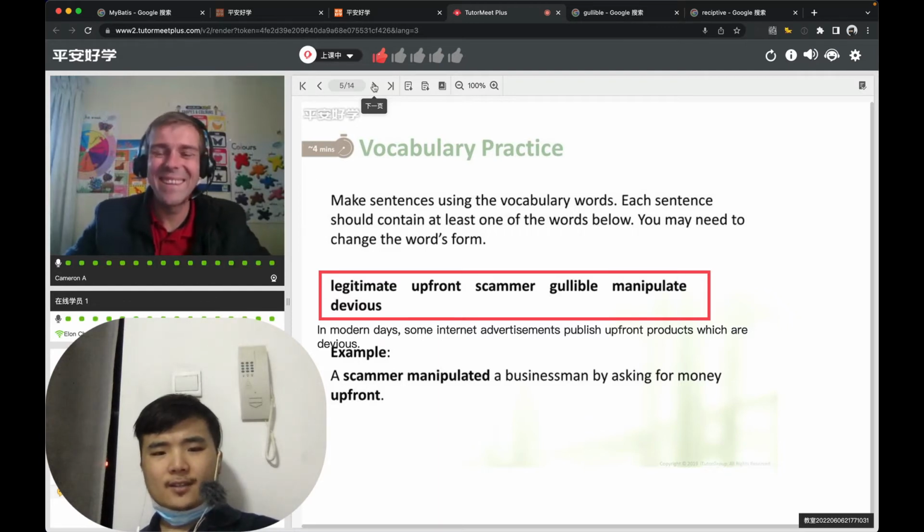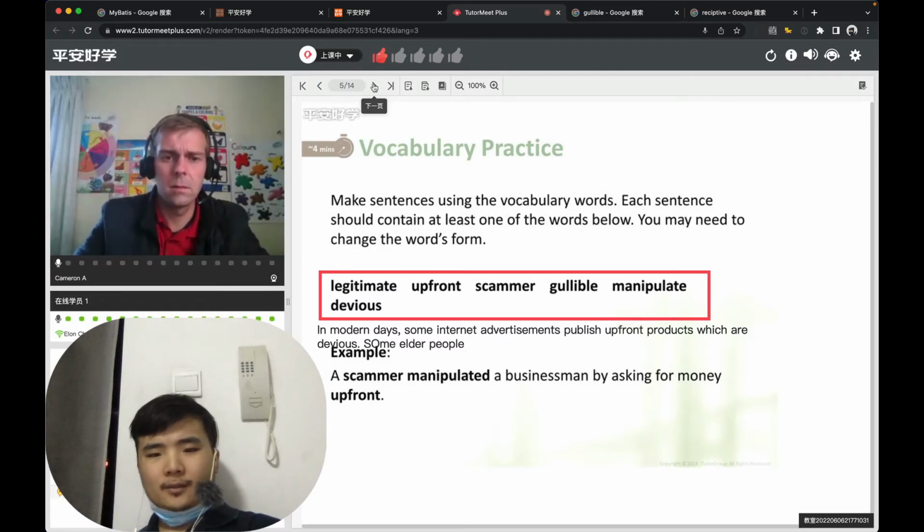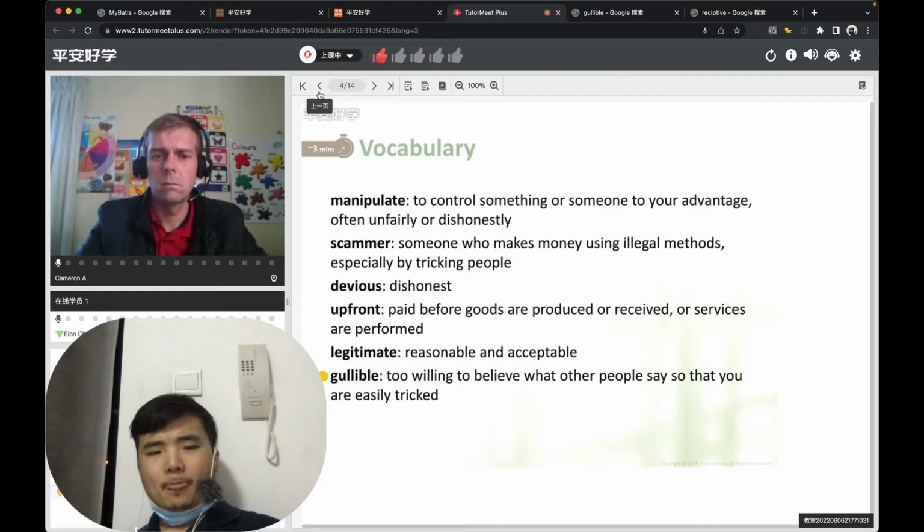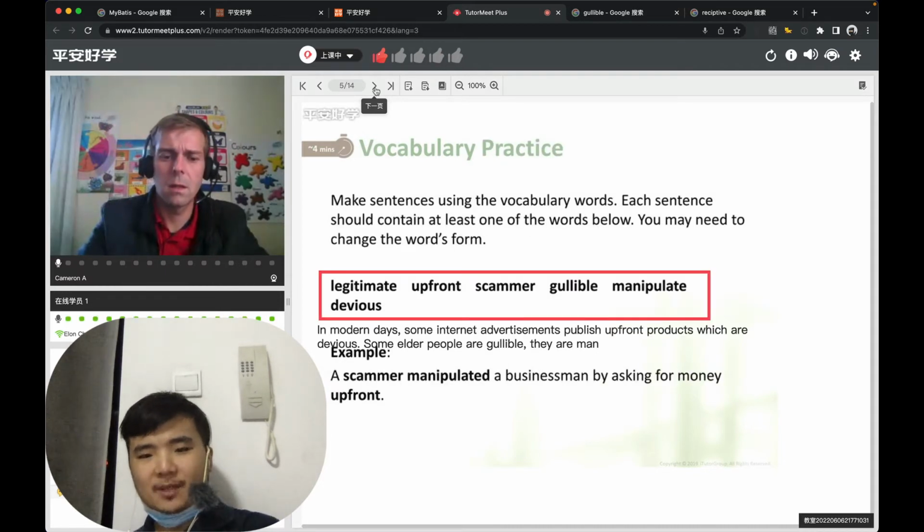Some elder people are gullible. They are manipulated by the advertisements.